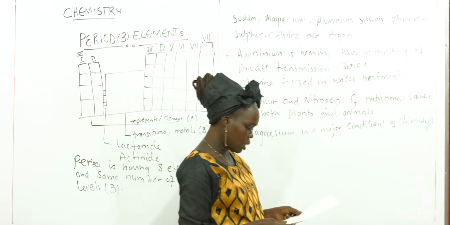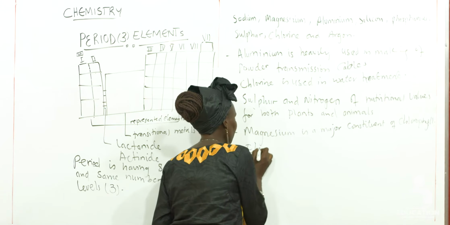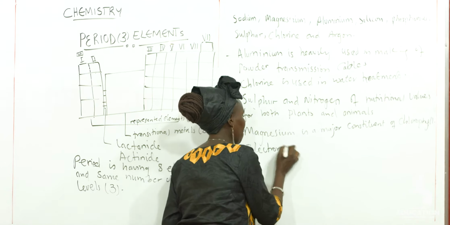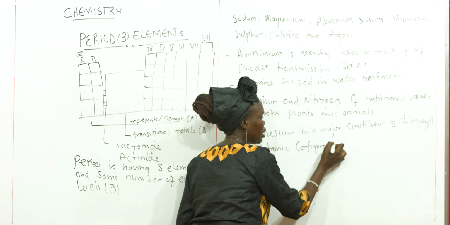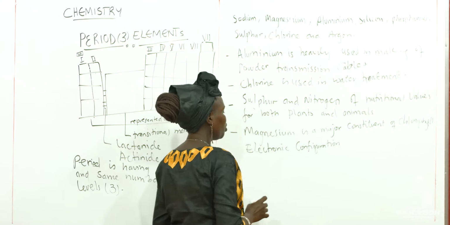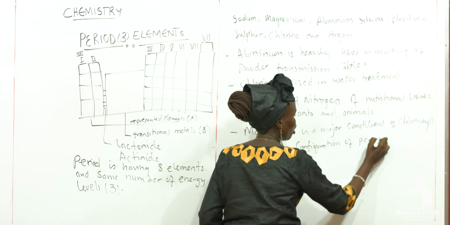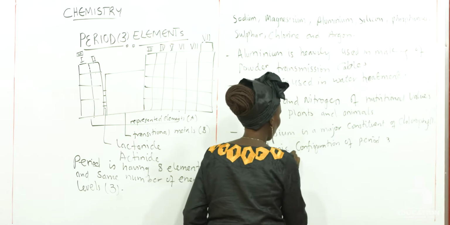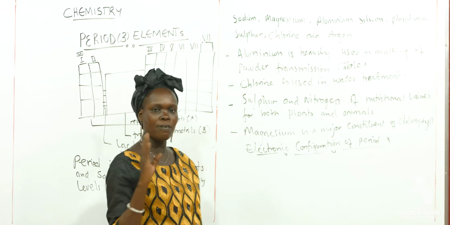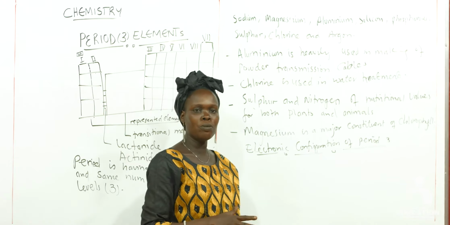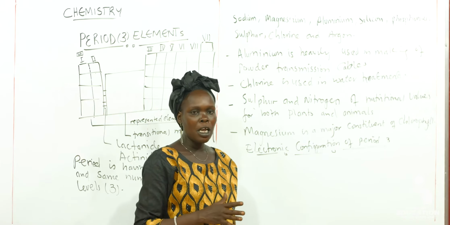So we can say that there is electronic configuration. When we say electronic configuration of period 3, we are saying that the electronic configuration is the distribution of the electrons of each element in energy levels.